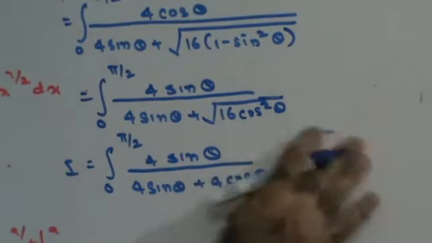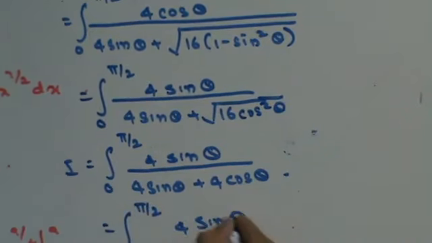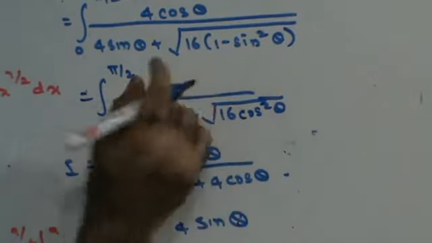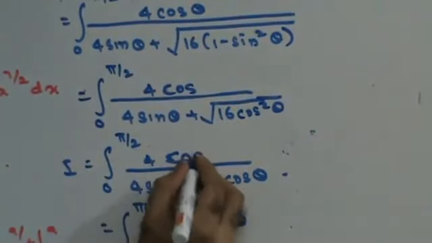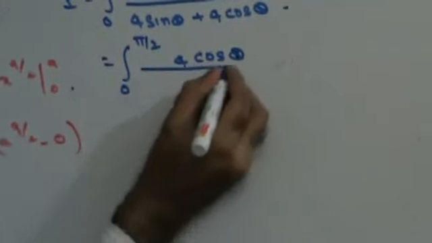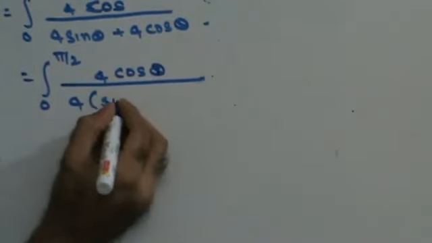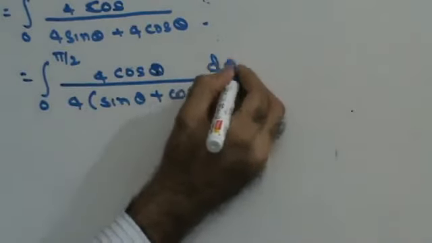Wait, I still can take 4 common. 0 to pi by 2, I can say 4 cos theta upon 4 common, this is sin theta plus cos theta d theta.